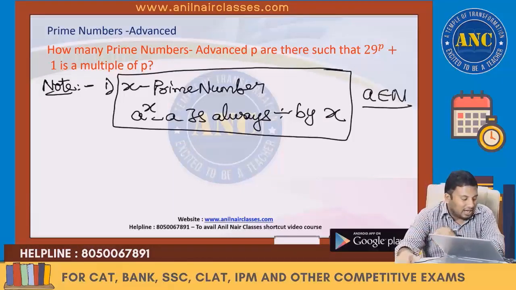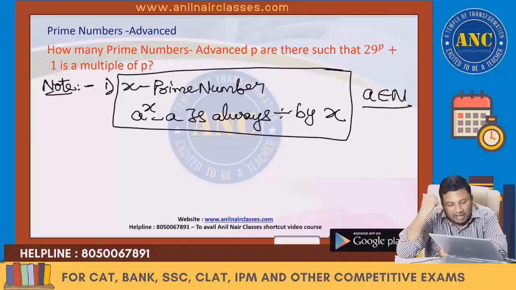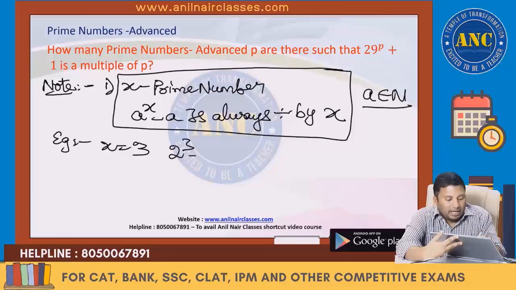Please write down this concept. Example, if x is 3, 2 cube minus 2, 8 minus 2, is 6.